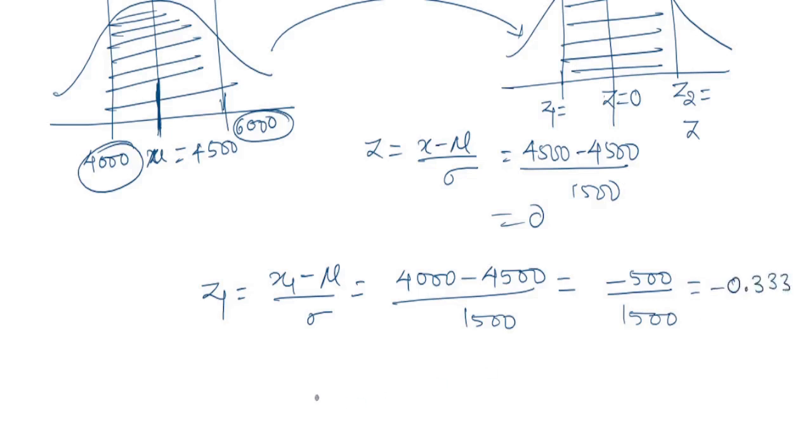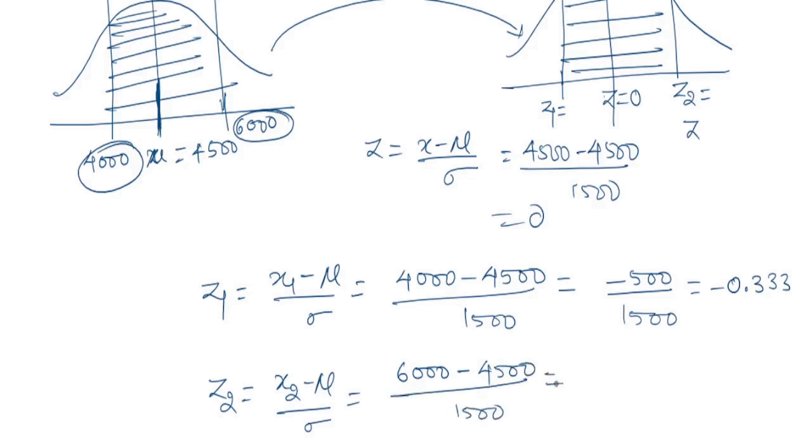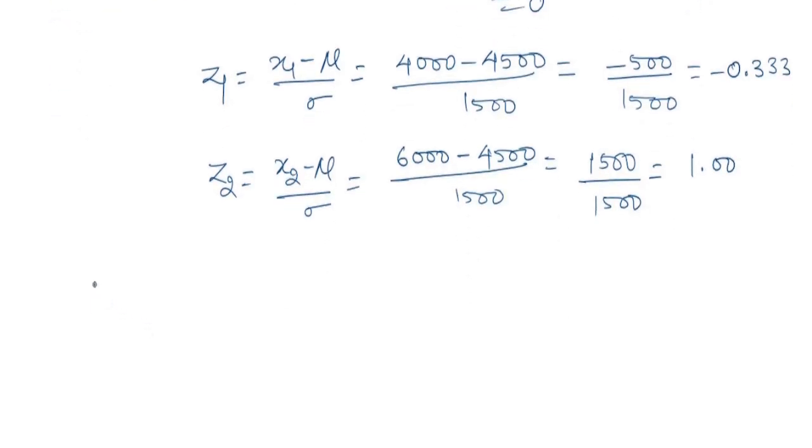This is z1. Similarly z2 is x2 minus mu upon sigma. Here x2 is 6000, mu is 4500, divided by 1500, which gives 1500 divided by 1500, that is 1.00.